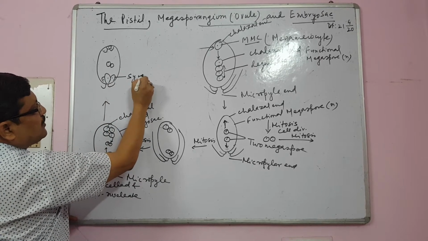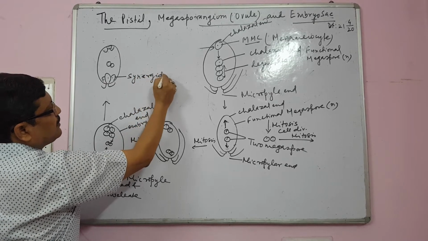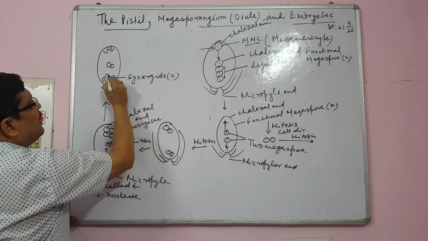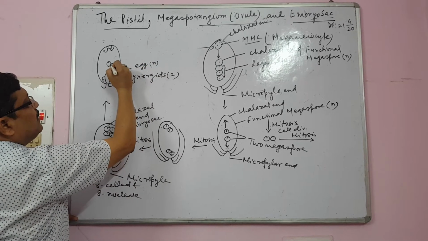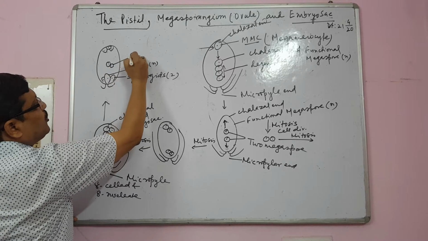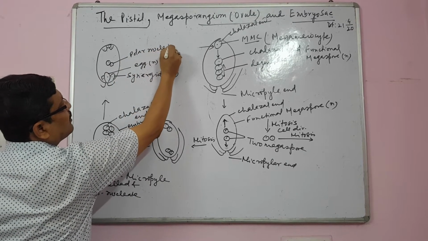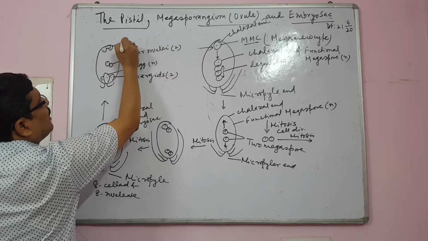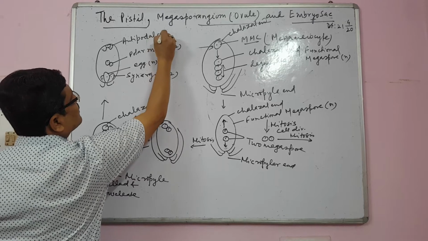These are the synergids and egg, the polar nuclei, and the antipodal cells.